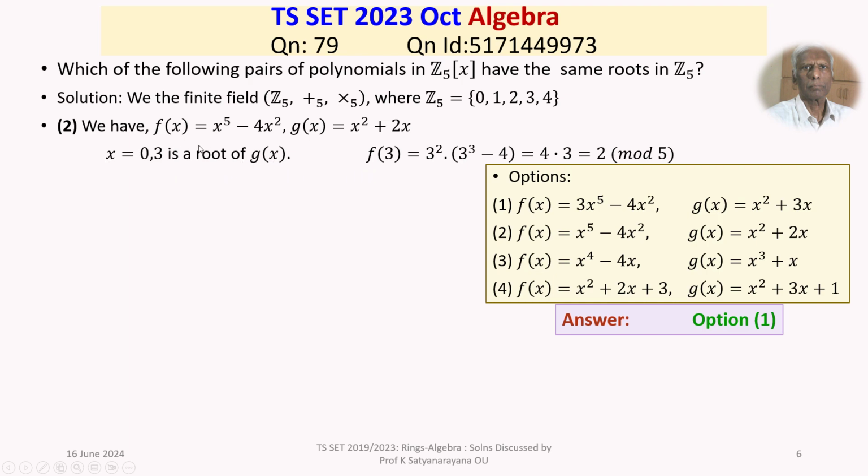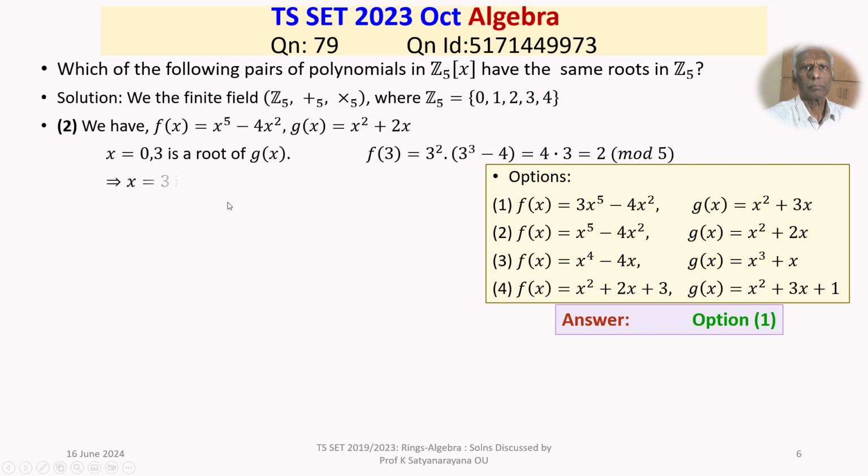Now, if you substitute x equal to 0, f(0) is 0. But if you substitute x equal to 3, f(3) is equal to 3 square into (3 cube minus 4). That means you have taken x square common. And when multiplied and simplified, it will be 4 into 3. 4 threes are 12. 12 modulo 5 is 2, which is not equal to 0.